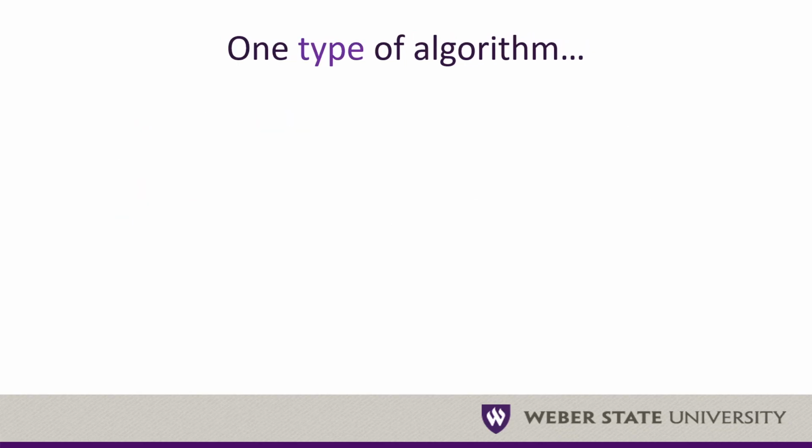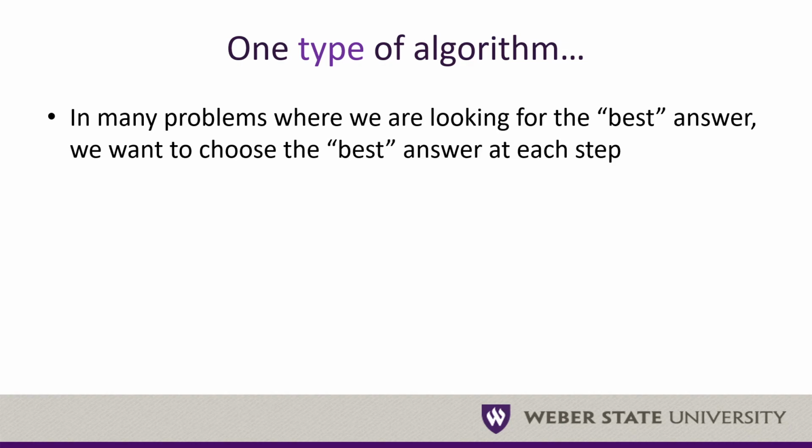So we do have a couple of different types of algorithm, and one of them is almost an algorithmic approach, a way to actually design them. This particular type of algorithm is used usually when we're trying to find an optimal answer. What's the best way to do something, or best way to get somewhere? So at each step, we would look around and say, oh, going that way looks to be the best way.